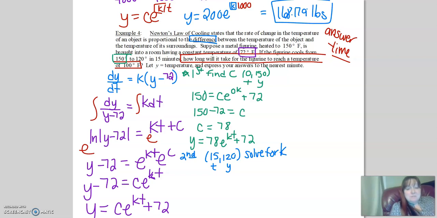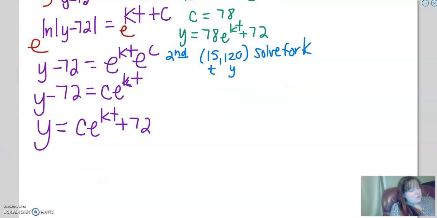So if we put in time 15, we get out temperature 120. We know that, so we should be able to solve for k now, because it would be our only variable left, right? We plugged in every other variable. So our output is 120 equals 78 e to the 15k plus 72.